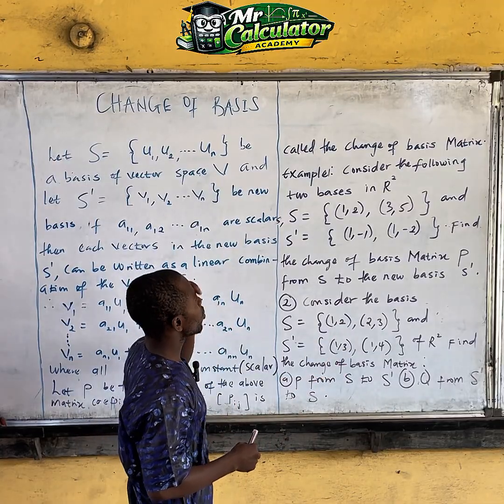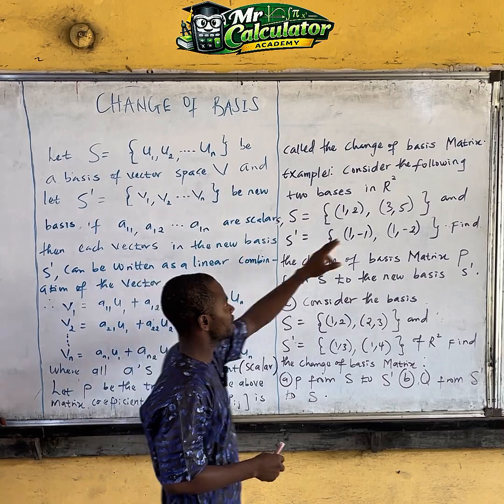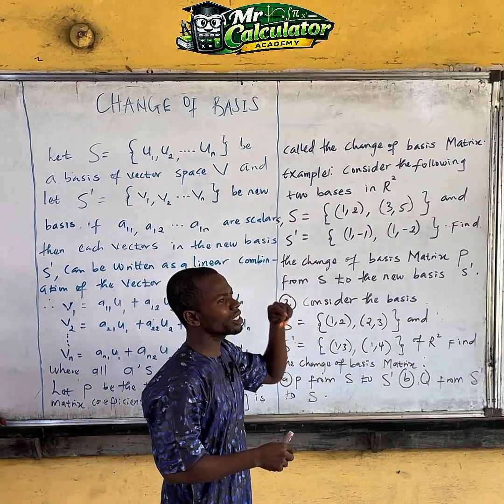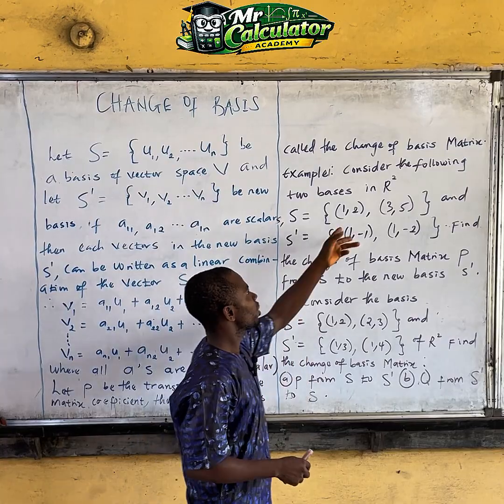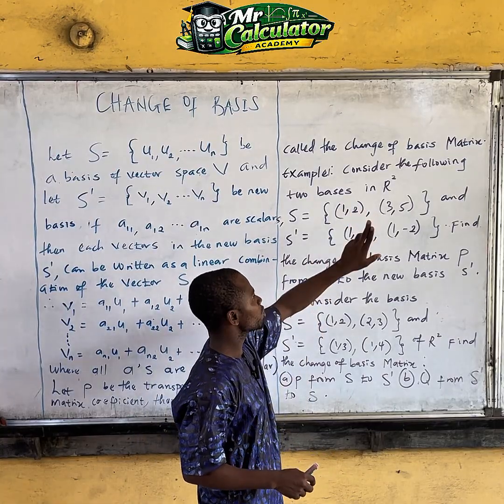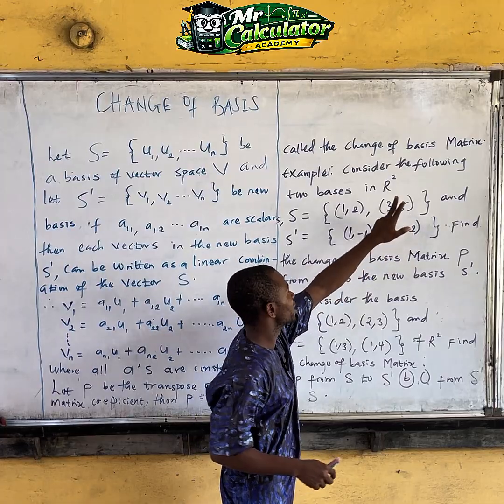Question 1 says, consider the following two bases in R2. R2 means n-tuples of vectors, which means the vector has two inputs, like 1 and 2, 3 and 5. That's the essence of R2.